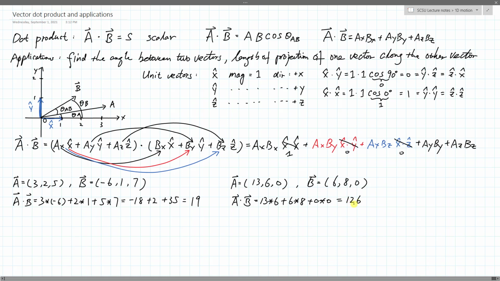So I was saying that there are these two typical applications: find the angle between the two vectors and also find the length of projection. So how do we find the angle between these vectors? Well, let's do the easy one first. For this one here, we can use our vector simulator to find the answer and compare it to what we could do with the dot product.